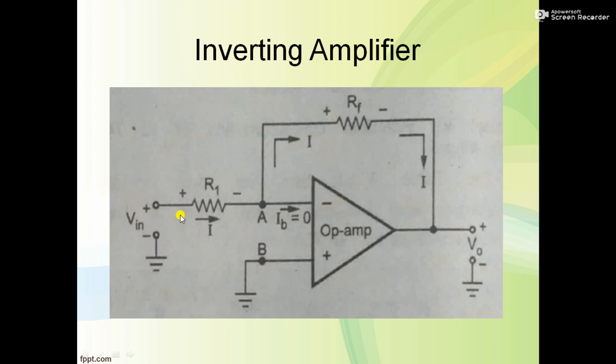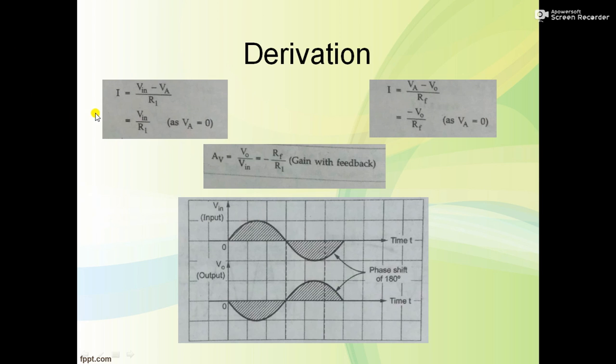From this equation you will get I is equal to Vin minus VA divided by R1. According to the virtual ground concept, we finally get Vin by R1.